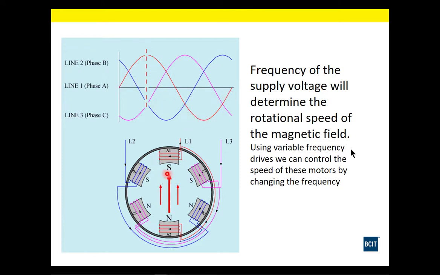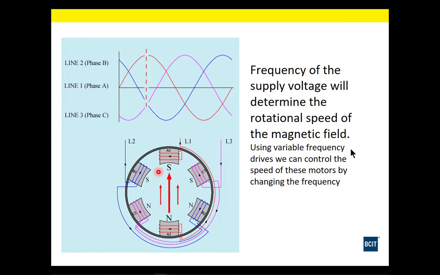What effect it'll have on our rotating magnetic field is we're going to have slower transition times from south to north and north to south. So as we decrease our frequency applied to our stator, our rotating magnetic field will slow down.